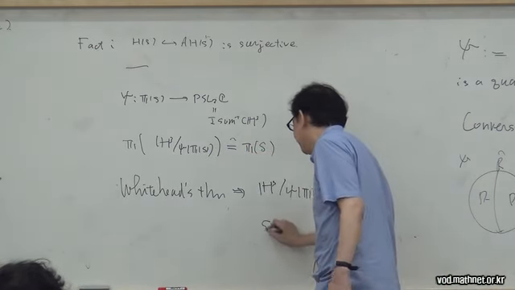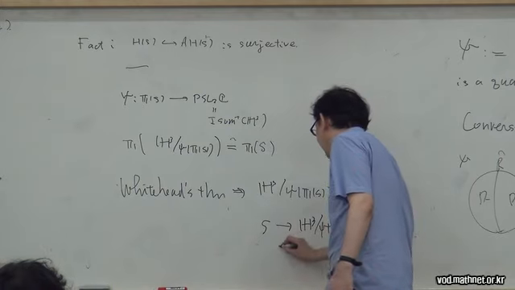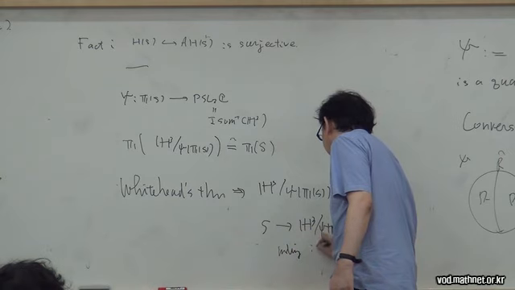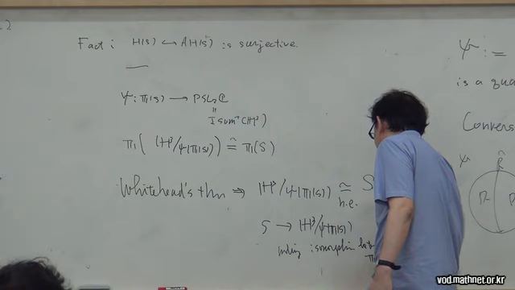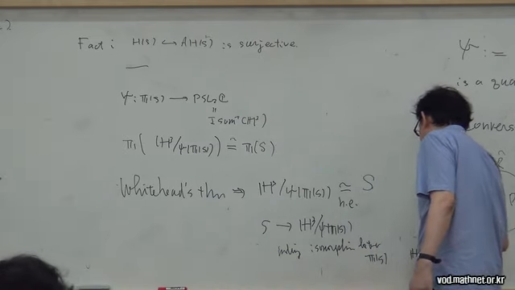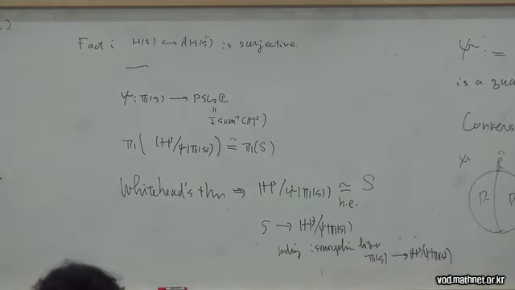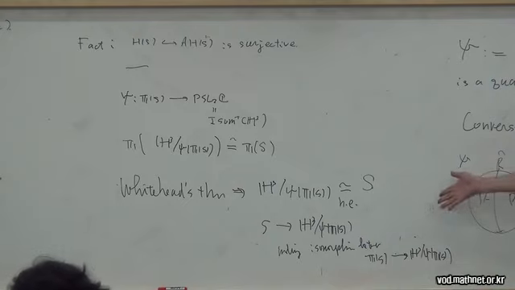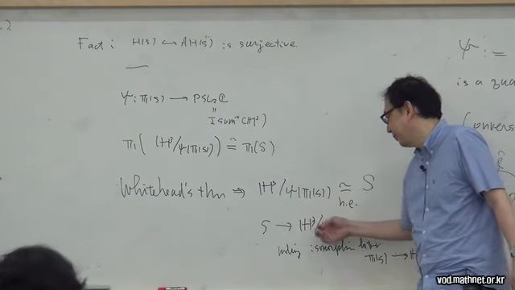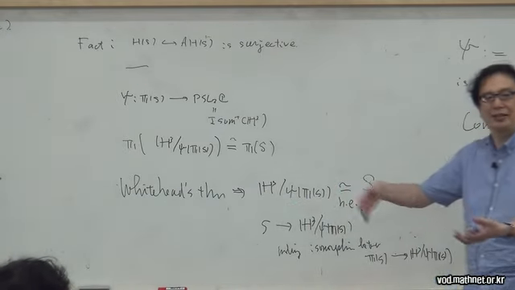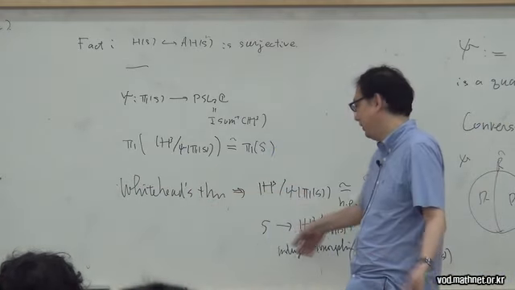So you have a map inducing an isomorphism between pi 1 of S and pi 1 of H3 over pi 1 of S. It's easy to see: fix a generator and take it to the generator there, and then you have a relation coming from the product of the commutator, which should be 0 here.